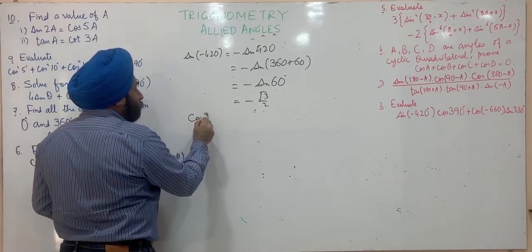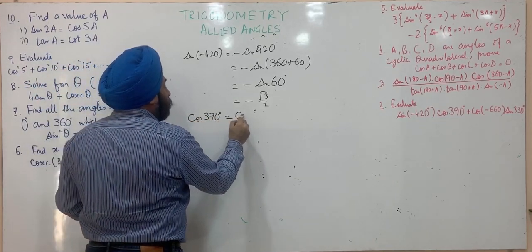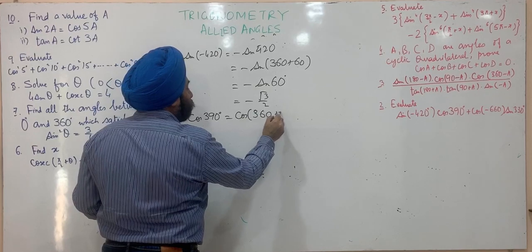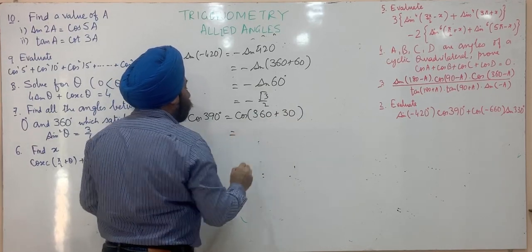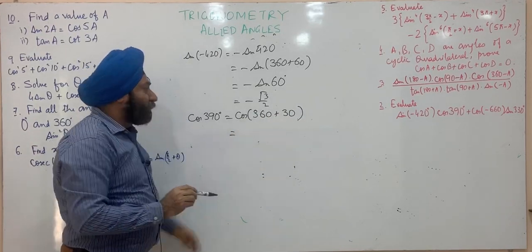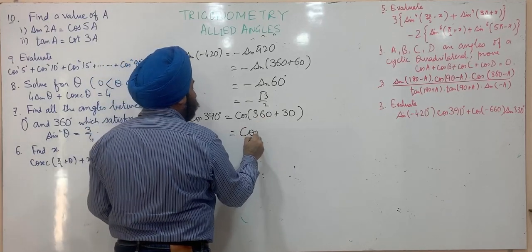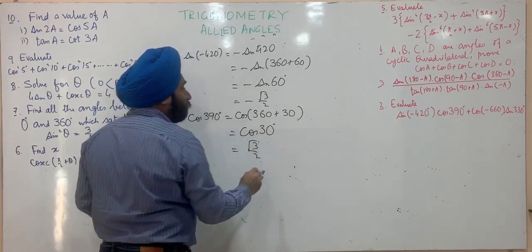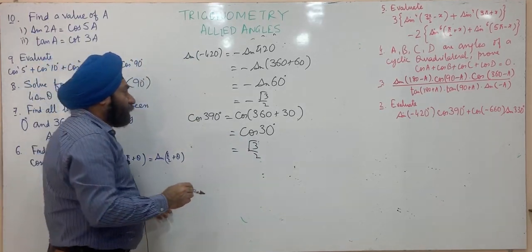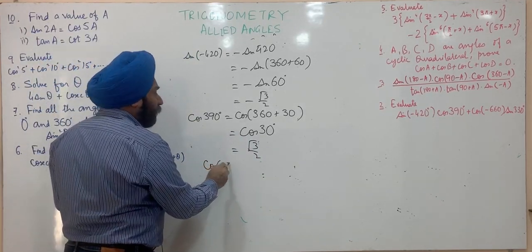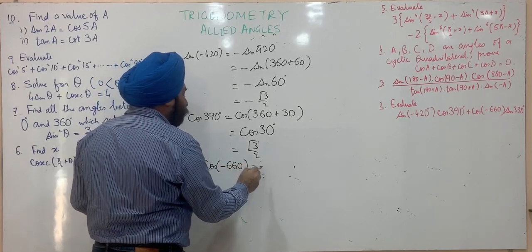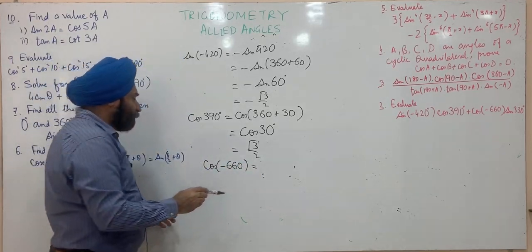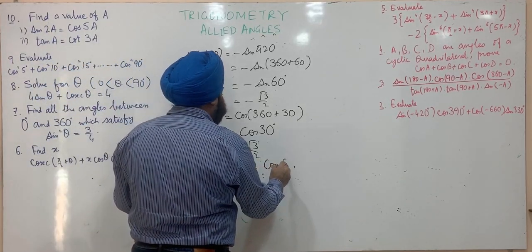Similarly, we find cos of 390 as cos of 360 plus 30. Multiple of 360 we remove as it is. This is cos of 30 degrees, which is root 3 by 2. Then for cos of minus 660, cos of minus theta is cos of theta, so cos of 660.